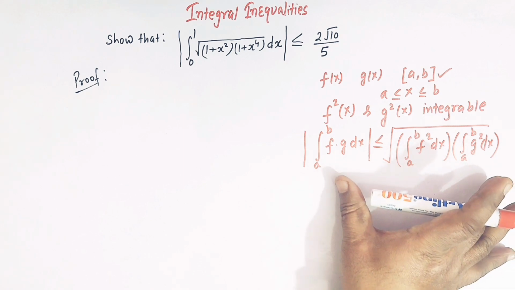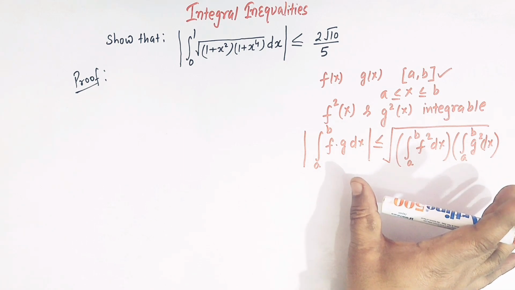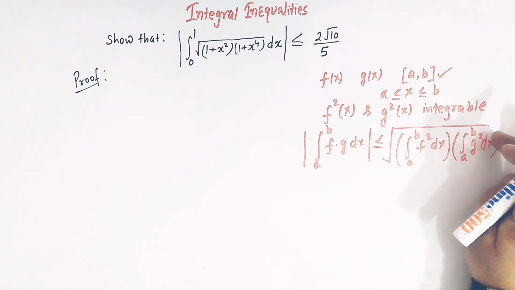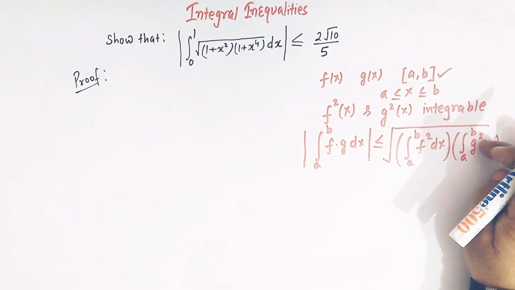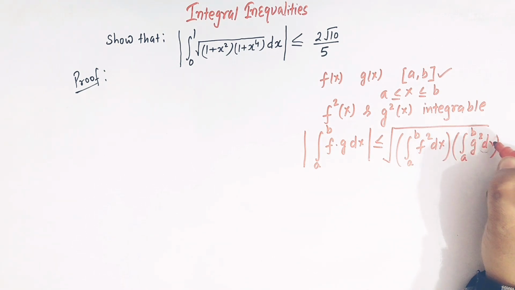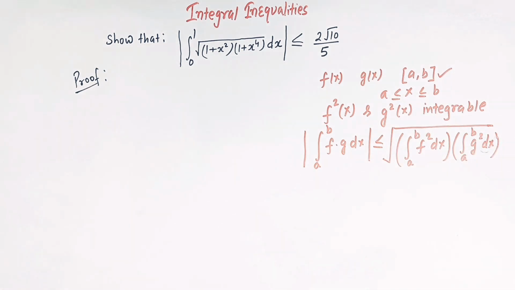This inequality is known as the Cauchy-Schwarz inequality, and it plays a vital role in proving a lot of other integral inequalities.